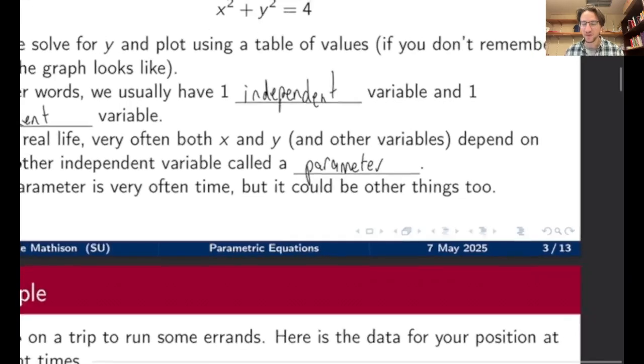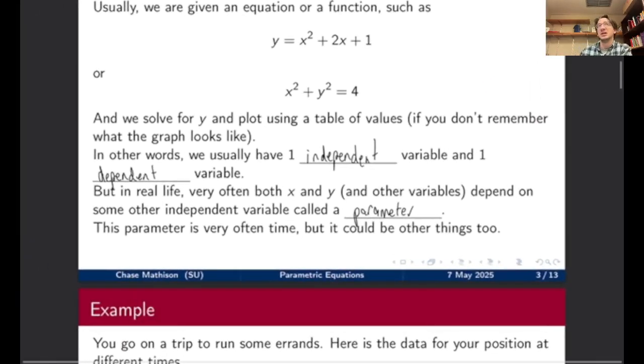So if I think of, for instance, the motion of an airplane, the path that an airplane takes through the sky, I could think of the x and y and z coordinates of the path it's taking. I could think of z as depending on x and y, but really what's happening is x and y and z all depend on some other variable, some parameter that again we usually consider time.